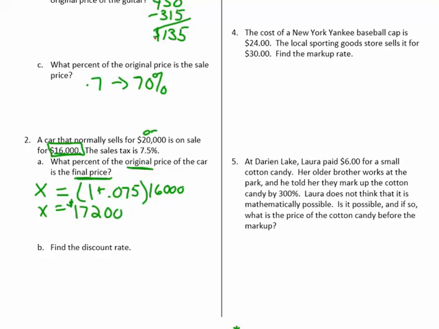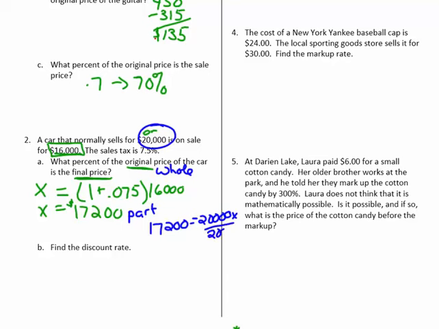But the question wants to know what percent of the original price is the final price. So now I'm going to do our normal part and whole, where the original is your whole and the final is your part. So we're going to have 17,200, here's your original, equals 20,000 x.